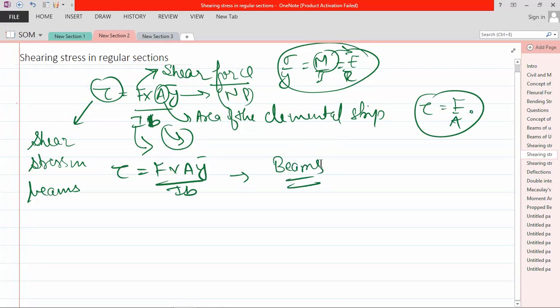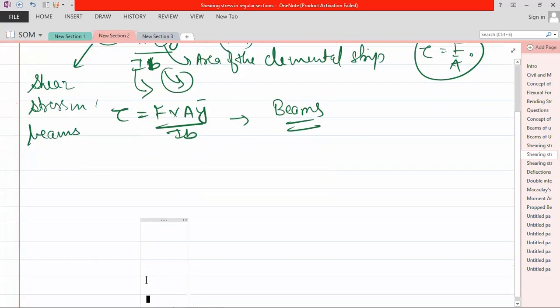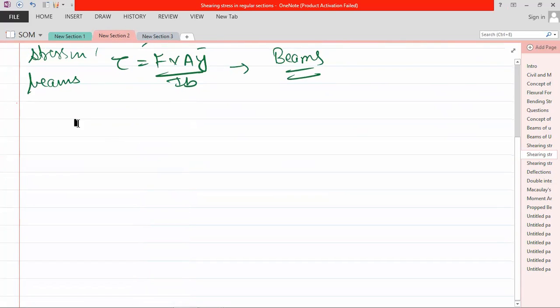I'm going to elaborate one or two points, just like for rectangular sections. Suppose this is a rectangular section, and this is your neutral plane, y is equal to 0.